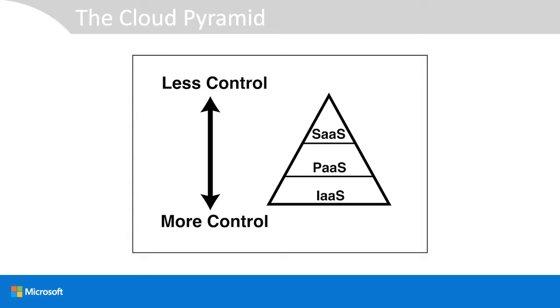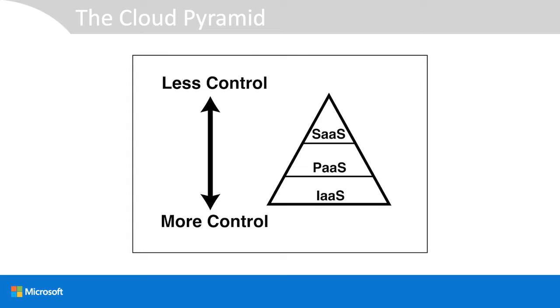With more control comes more responsibility. Even so, the cloud provider still has some responsibility. They manage the infrastructure, things like the underlying computers that run the virtual machine, the network infrastructure, the physical computer racks that house the hardware, all of those kinds of things.